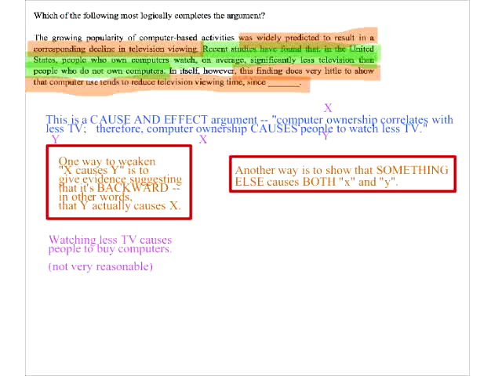There are things that might randomly make people watch less TV, but the idea that this would cause people to go out and purchase computers as an alternate form of entertainment seems a little bit far-fetched.